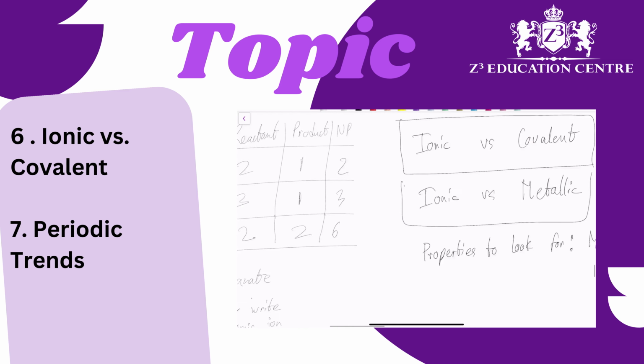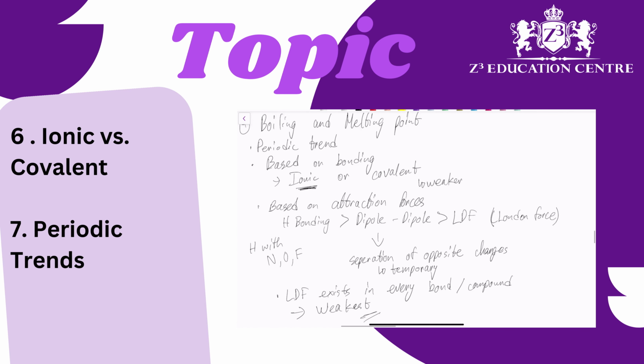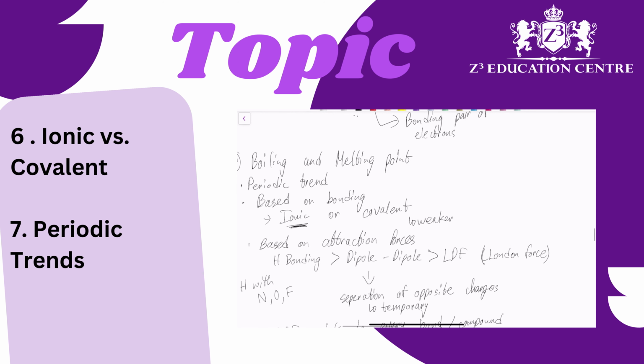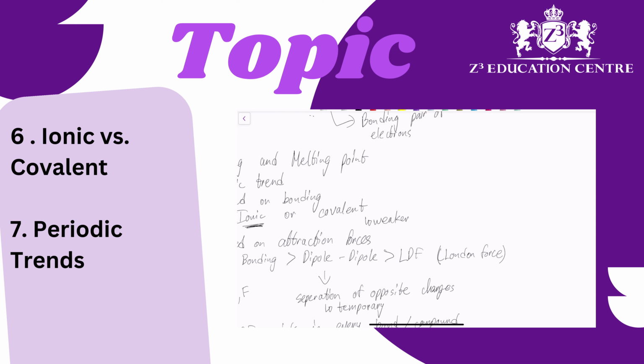Just the last thing on the boiling and melting points. If you are given compounds such as carbon dioxide, MgCl2, and water, remember that MgCl2 is ionic bonding.